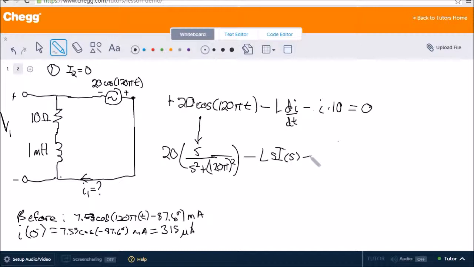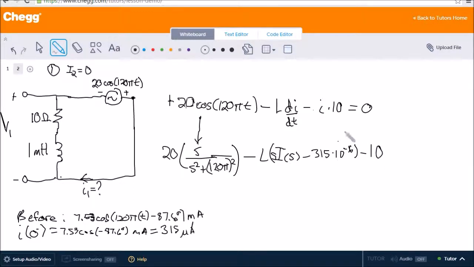Okay, so let's see. We were transforming this derivative, so we had s times the function in the frequency domain minus the function in the time domain at time 0. So that's 315 times 10 to the negative 6. So minus, going to pull our constant 10 out here.